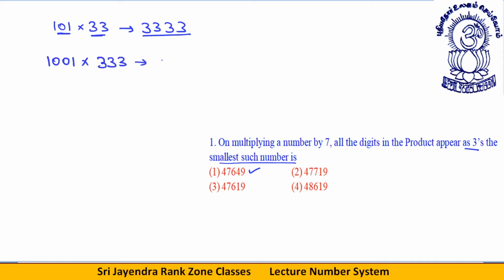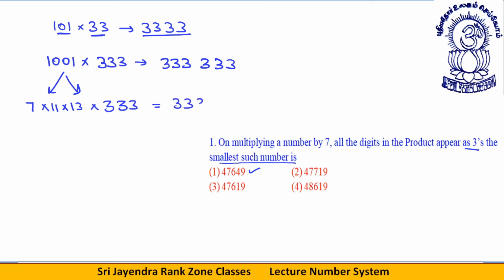But I already know 1001 is 7 into 11 into 13, into triple three. This will give me 3333333. So this is the other number which I need.